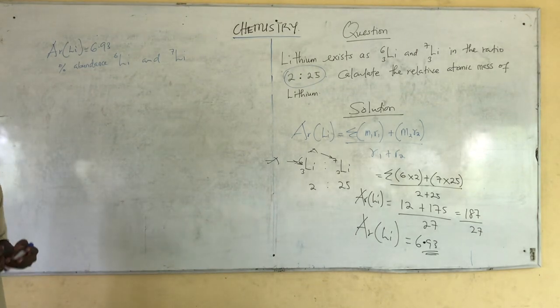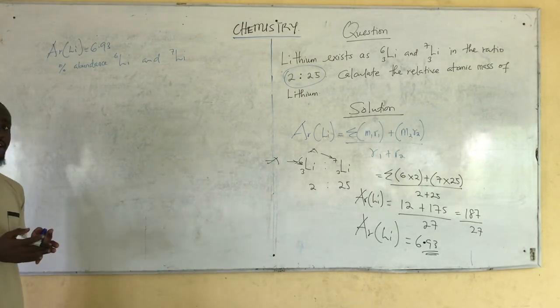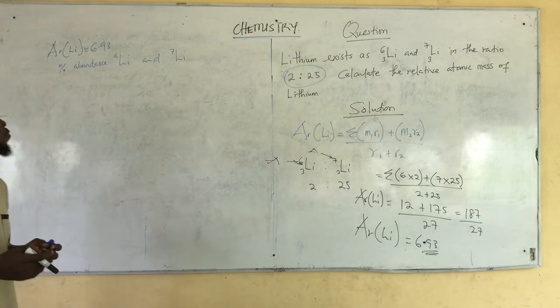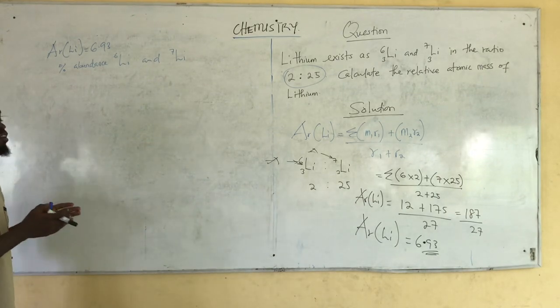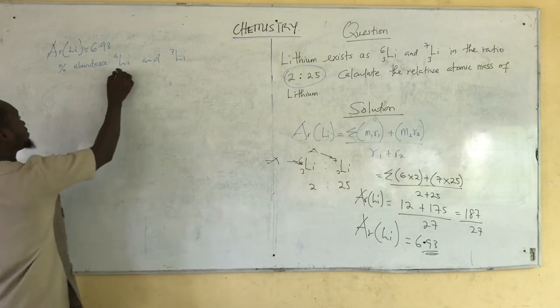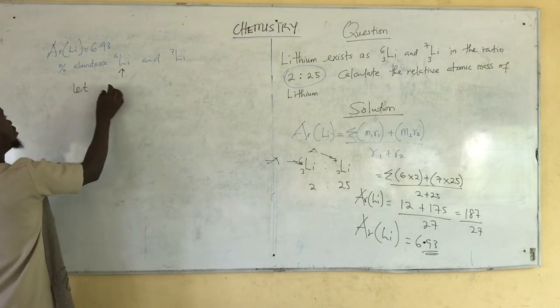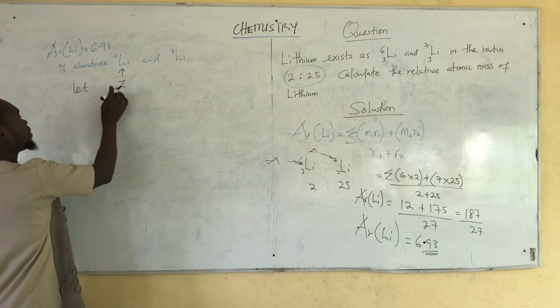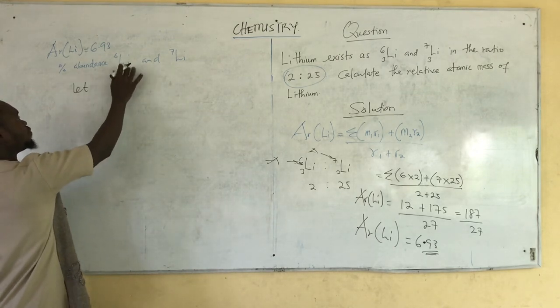Please, are you following? So in our previous question, I said anytime you are given such a question to find the abundance, whether in terms of percentage or in terms of fraction, we said let a variable represent one of the abundances. Is that okay? So let's say x or y, any variable, let's say z, represent the percentage abundance of lithium 6.